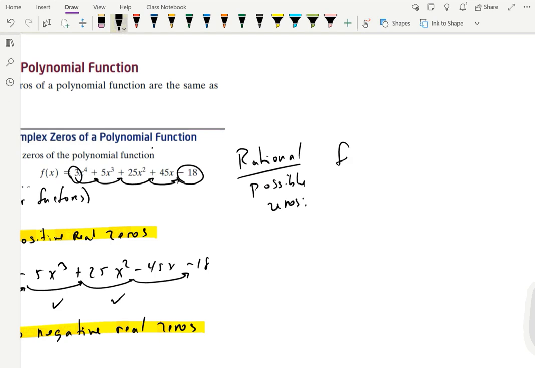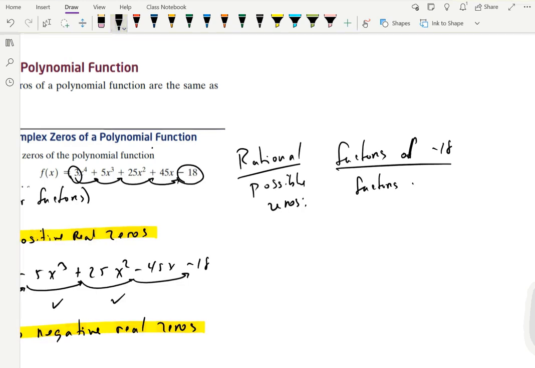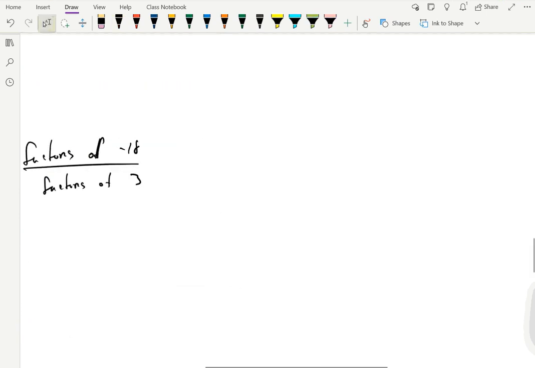So we want factors of negative 18 over factors of positive 3. Because we have potential for positive and negative solutions, we'll consider both. I could have 1 and 18, so in effect I end up with positive and negative 18.